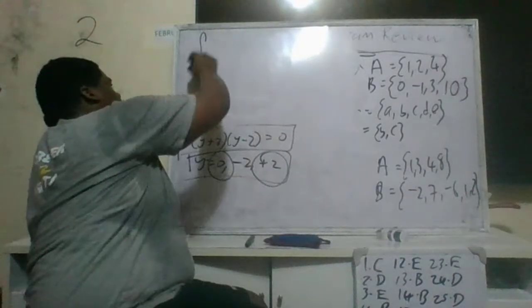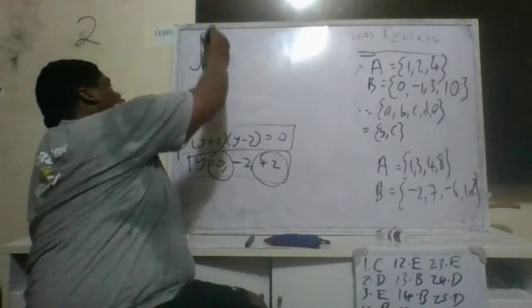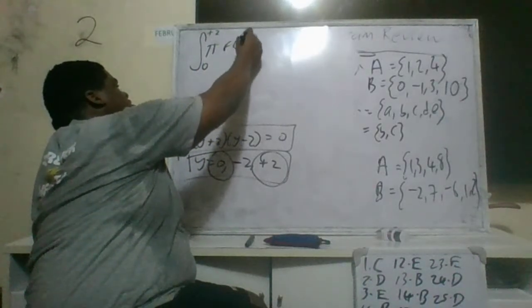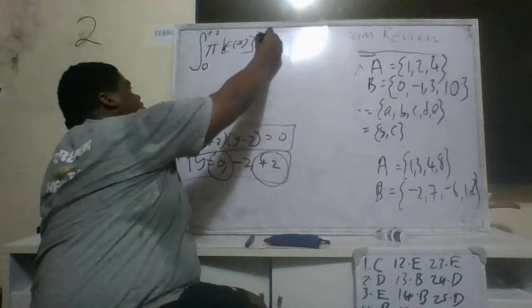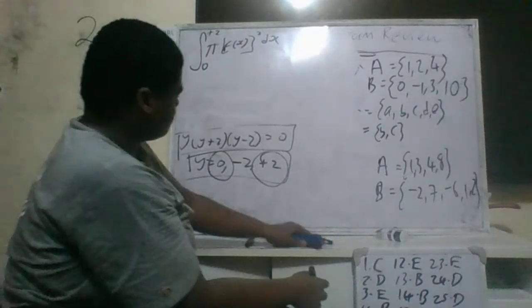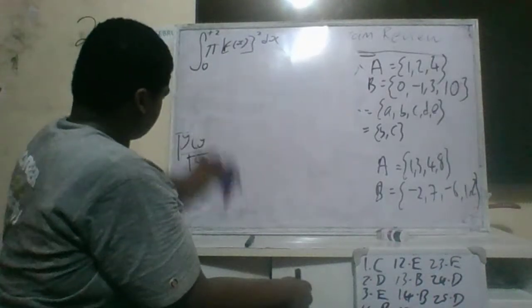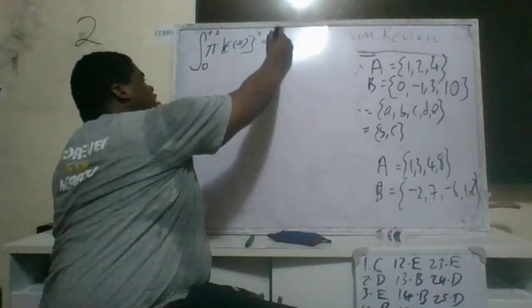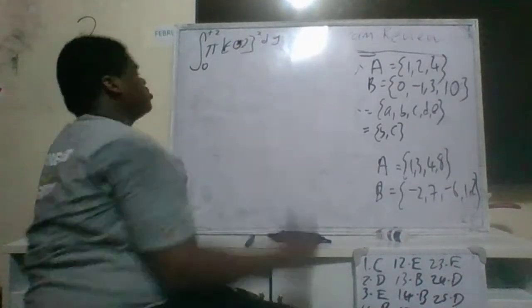So here we have the integral from 0 to 2 of pi times f of x squared. They say around the y-axis, so that is f of y squared with respect to y.